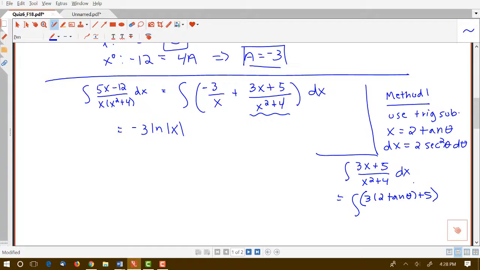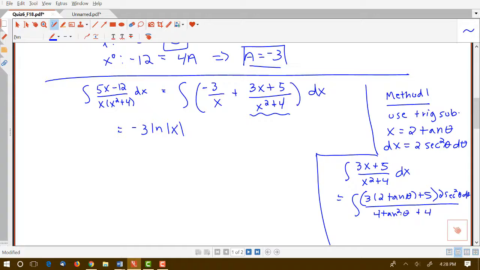And then all of that in parentheses would be times the dx, so that would all be times 2 secant squared theta d theta, and this would be all over x squared plus 4, which would be 4 tan squared theta plus 4.